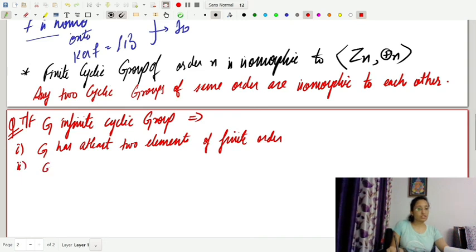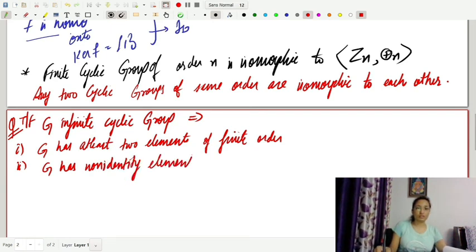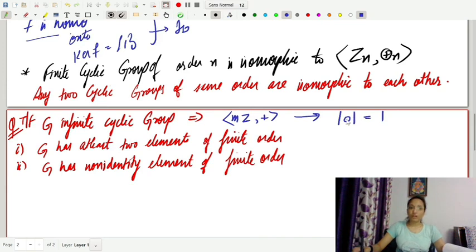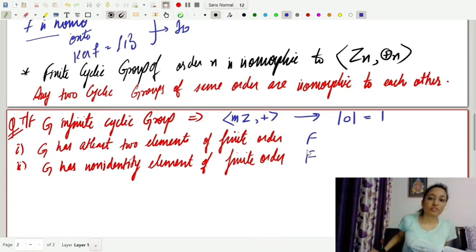Second: G has a non-identity element of finite order. In the above case, from the examples of cyclic groups which we have done, if we take mZ under addition, it has only one element of finite order, that is the zero element of order 1. The rest of the elements are of infinite order, therefore the first statement is false, and similarly the second statement is also false because it does not have any non-identity element of finite order.